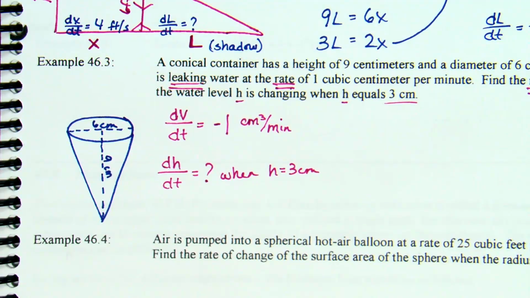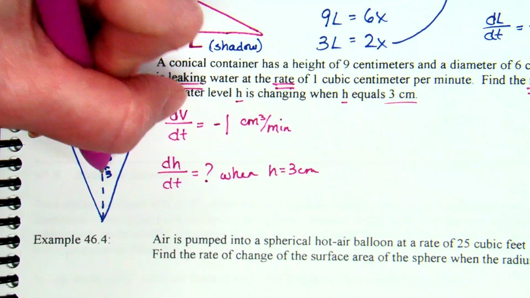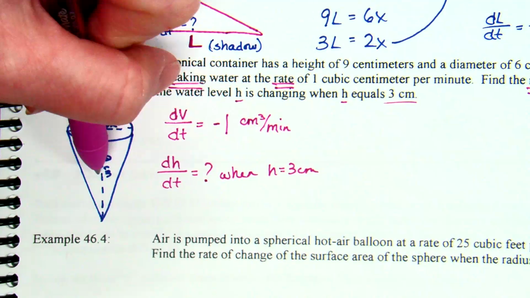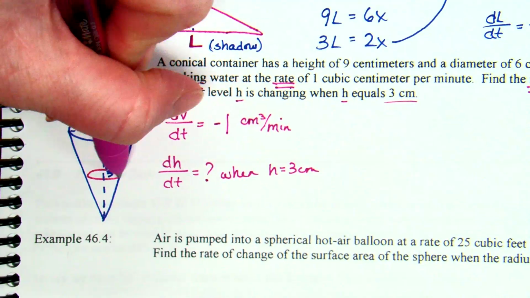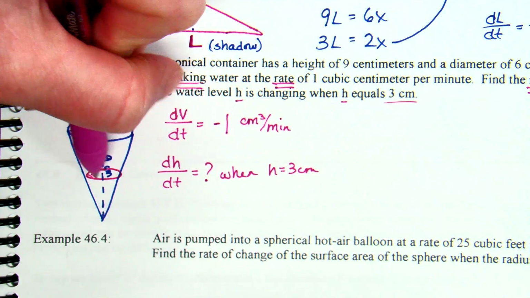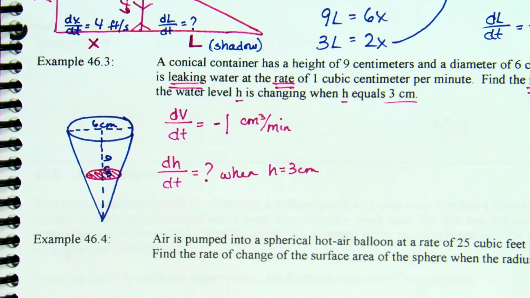What you have to consider here is that there is some water level inside this cone. We don't know where, but there's some water level inside this cone, and that water level is constantly changing. It's going down in this case.